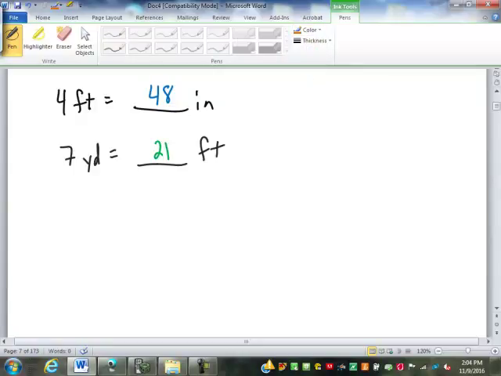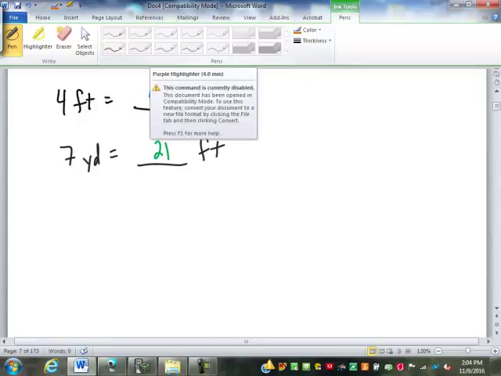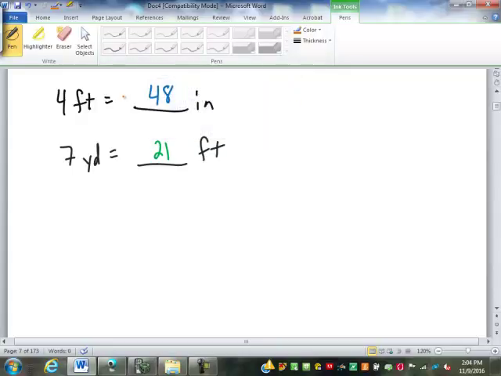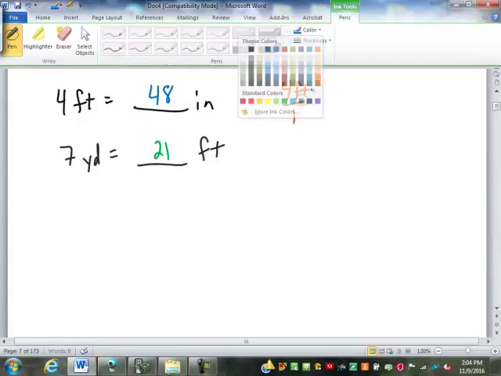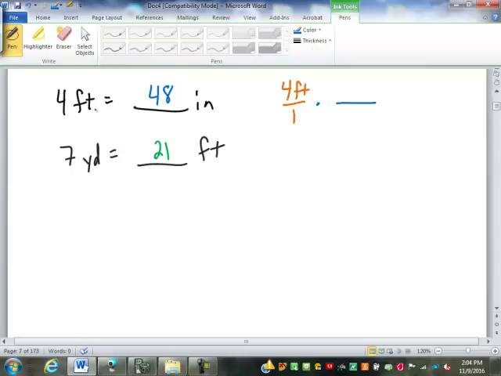Now, if we didn't know those off the top of our head like that, the process to go through to do that formal conversion, for example, our 4 feet into inches, we could have done 4 feet over 1, make it a fraction, and then we are changing feet into inches. So to get rid of feet, since it's on top of a fraction here, we'll put it on bottom of the fraction in our conversion factor.